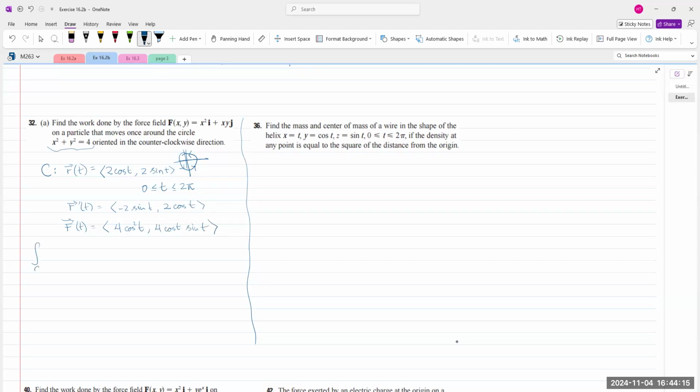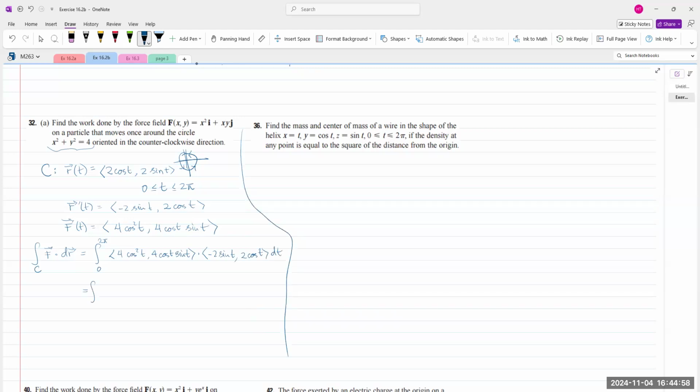So the integral over the closed curve C of f dot dr will be the integral from 0 to 2 pi of 4 cosine squared t, comma, 4 cosine t sine t dot -2 sine t, 2 cosine t dt.